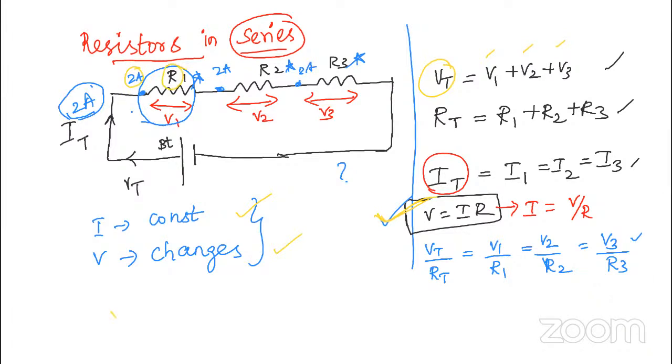So for V1 we can write, according to this condition, V1 is equal to I1 into R1. What is the value of I1 here? It is 2A into R1. So in the problems, when they ask to calculate the potential drop at V1, V2, V3, we use all these formulas. Okay, so you need to be clear.